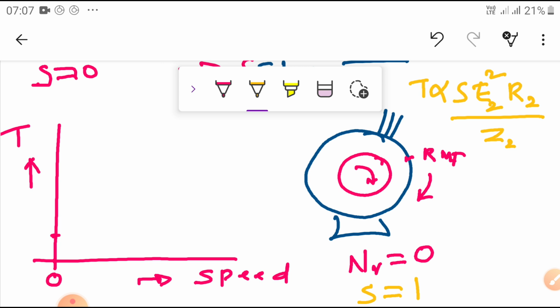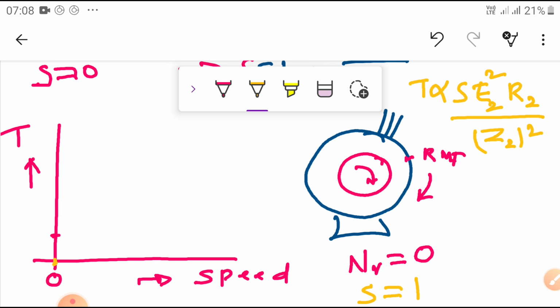Okay, so this is the equation. Now, what happens at S equal to 1, maximum? X is equal to 1. So T is directly proportional to S here. Then it will develop more torque in this case. Initially S is equal to 1 and the rotor speed is 0.